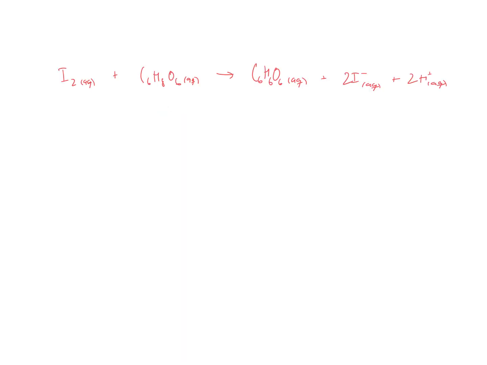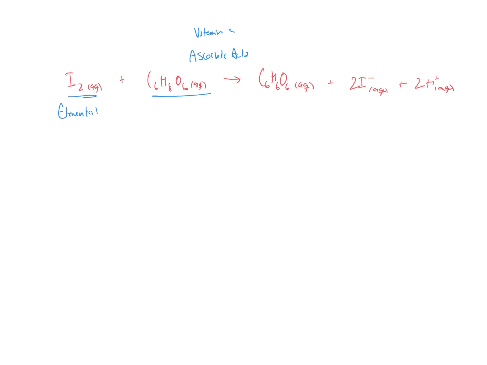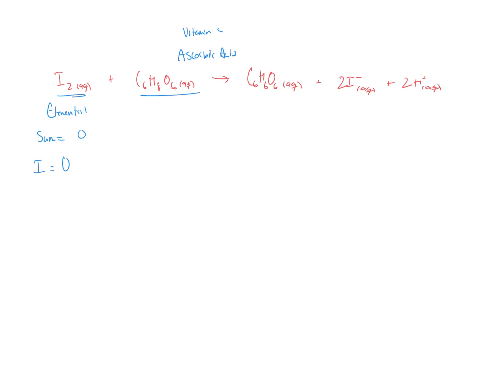So let's figure out the oxidation states of the compounds reacting here. We have iodine, I2, and C6H8O6, which is also known as ascorbic acid, or vitamin C. In I2, because this is an elemental form, the sum equals 0, and so the oxidation state of I is just 0. In C6H8O6, we have 6 times carbon plus 8 times hydrogen.